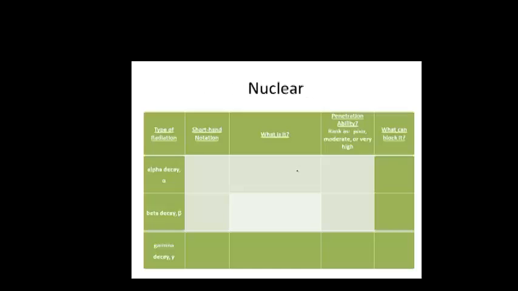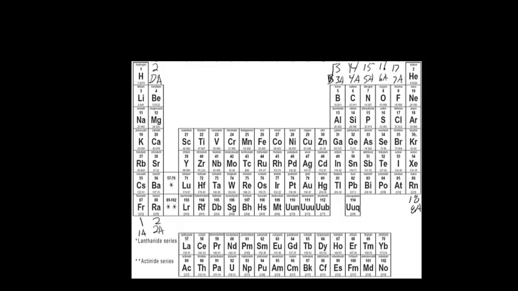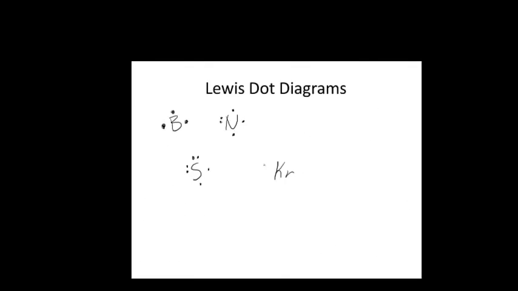Let's do krypton. Krypton's right here in column 18 or 8A, so it has 8 valence electrons. So 1, 2, 3, 4, 5, 6, 7, 8. And don't forget, the most number of dots you can have, the most valence electrons, is 8.